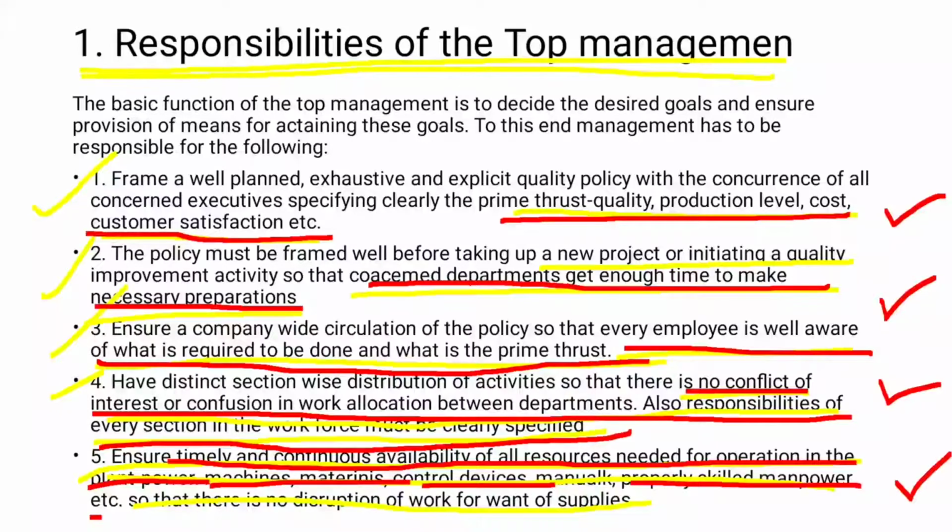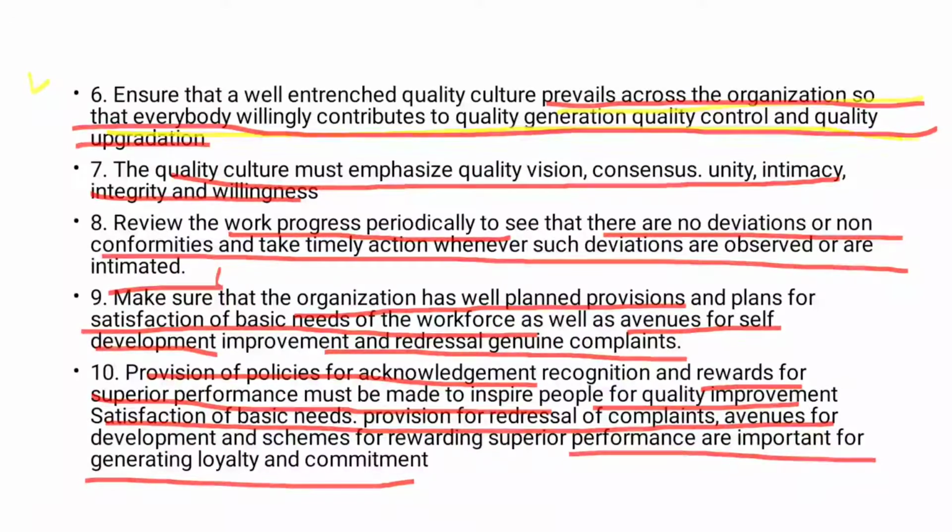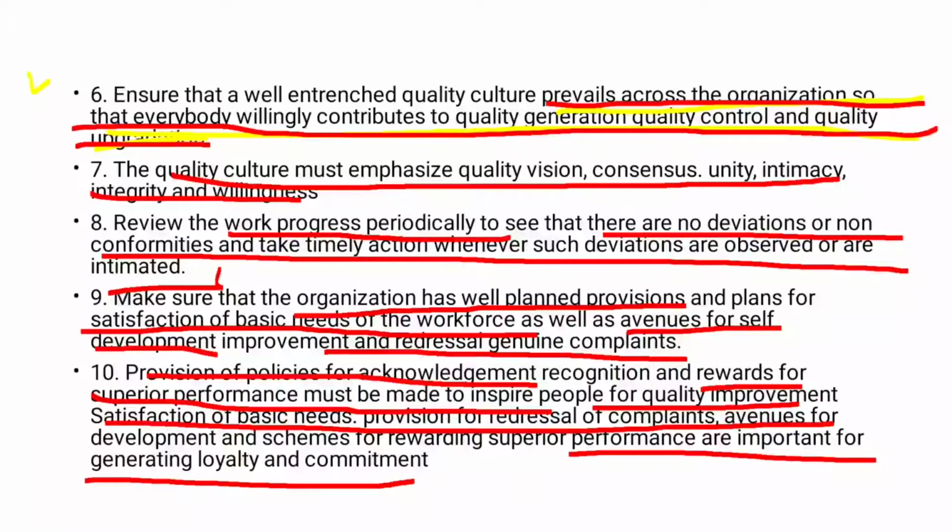Now, six was to provide training across the organization so that everybody willingly contributes to quality generation and quality upgradation. Same with 7, that is, quality culture must be emphasized, with unity, intimacy, integrity, and willingness. Eight was to review work progress periodically to check there are no deviations or non-conformances, and take timely action whenever needed. What was 9? Nine was to make sure that the organization has a well planned provision for satisfaction of basic needs of the workforce, avenues for self development, redressal of complaints, etc. Now what was the 10th?